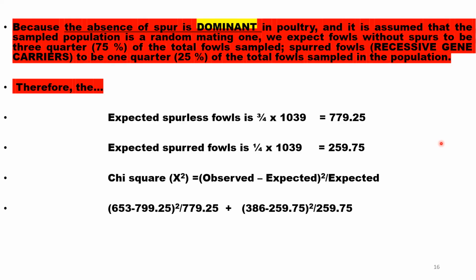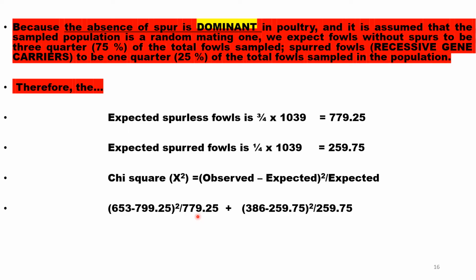Remember the formula for chi-square statistics: observed minus expected squared divided by the expected. So we bring that into the equation. We have this was the observed minus this was the expected squared divided by the expected.